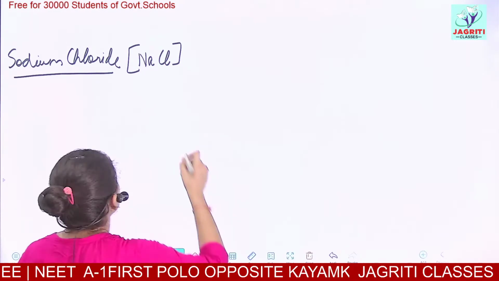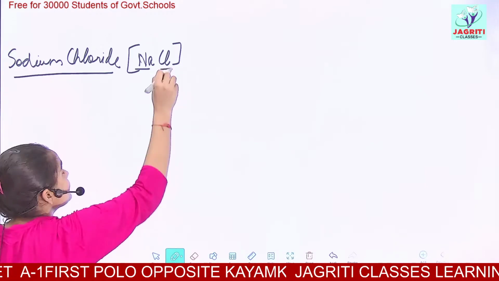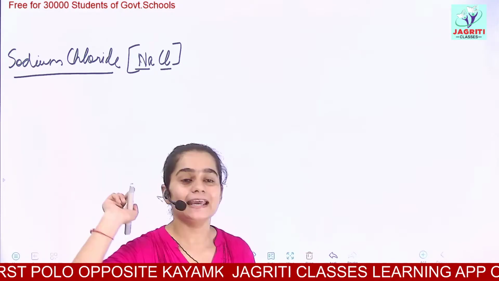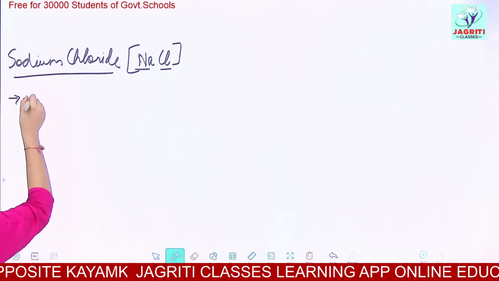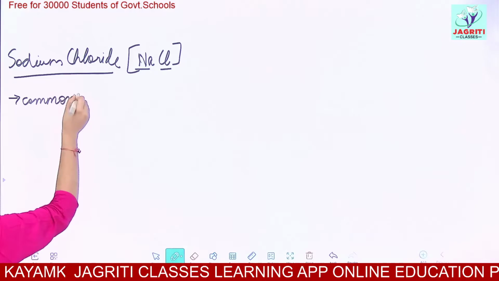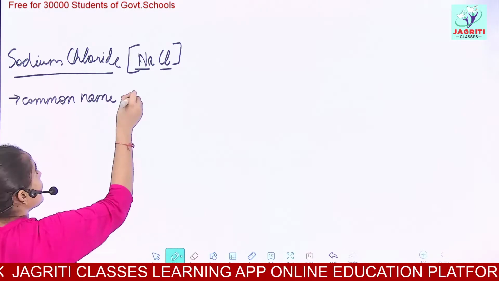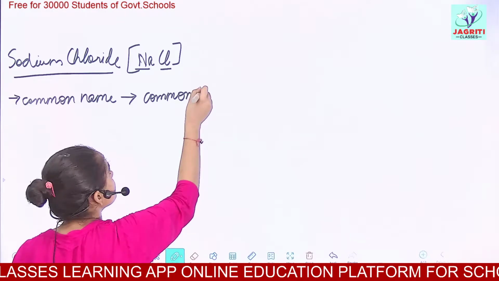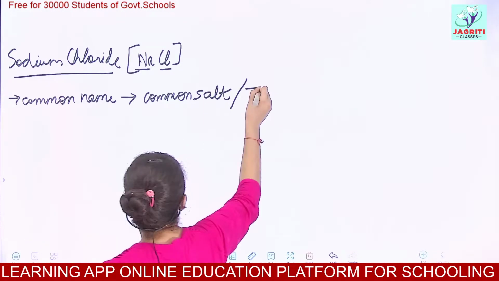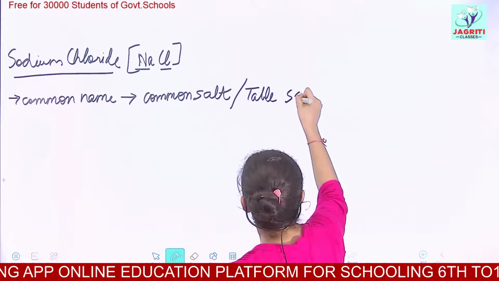This NaCl is made up of two ions, Na+ and Cl-. The common name of sodium chloride is common salt, or it is generally referred to as table salt.